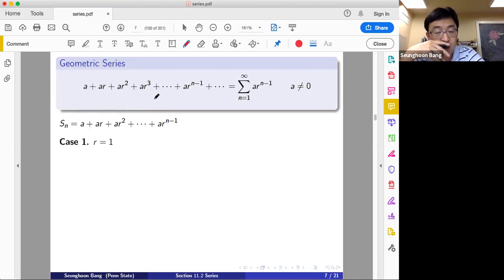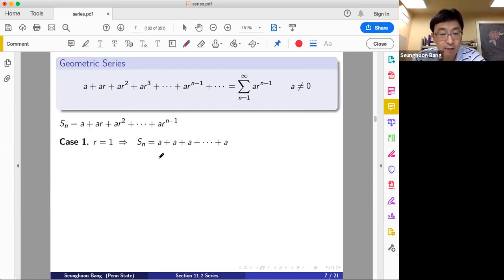First case, r equals 1. So what happens? What's Sn? Because you plug 1 into here, a plus a times 1 is a, a times 1 squared is a, a times 1 to the n minus 1 is also a.